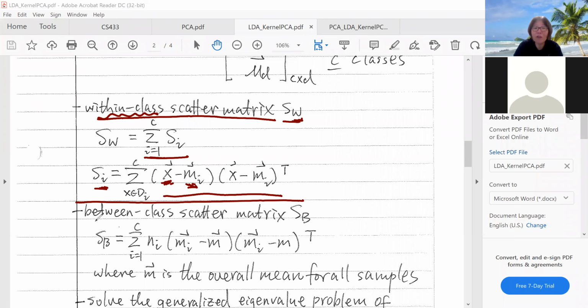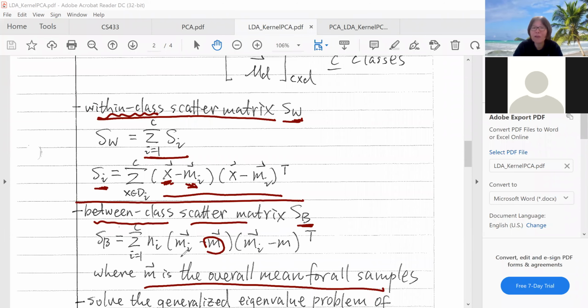And we also consider another one, we call it the between-class scatter matrix. So this is SB. Why? Because this m is the overall mean for all samples, while this m_i, if you recall, is regarding each class. So that's why we say this is between class, and the other is within class.